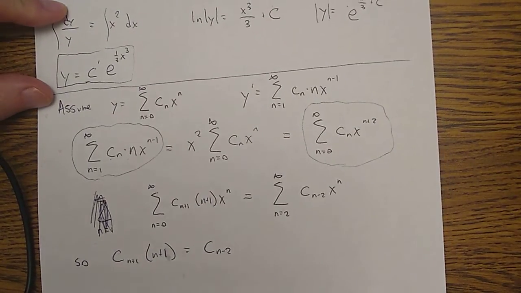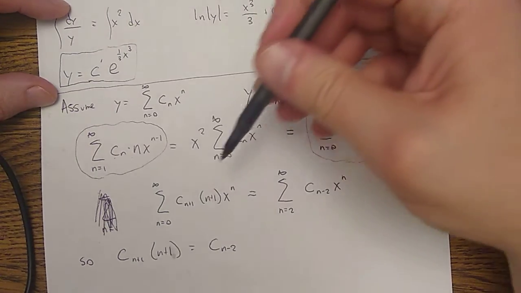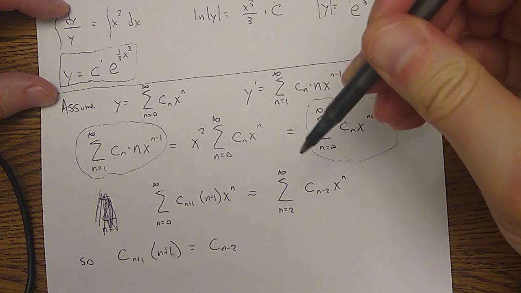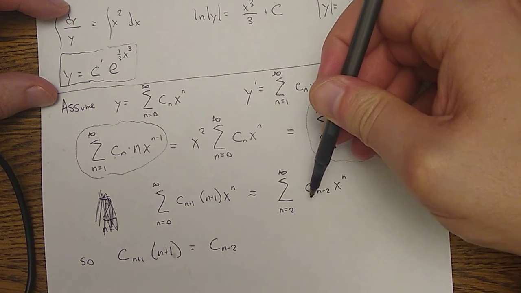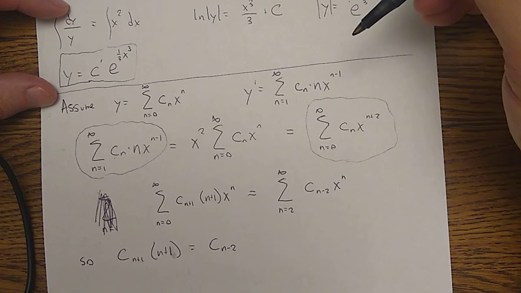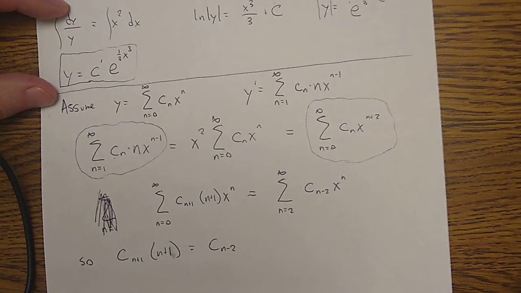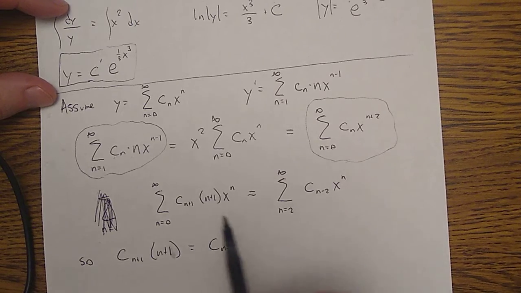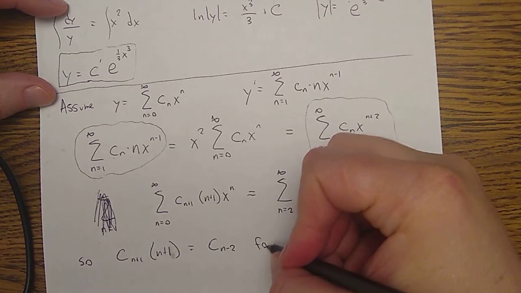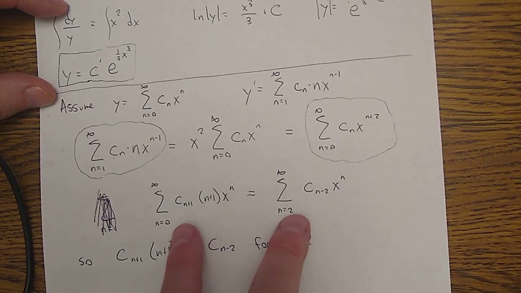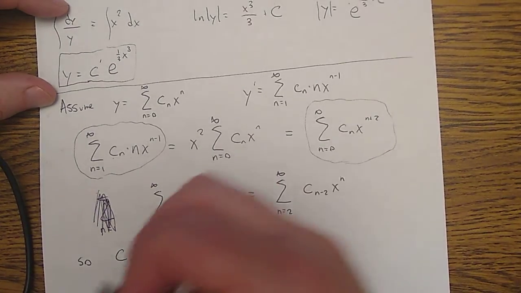But let me be careful here, because this sum only starts at n equals 2 and this one starts at n equals 0. So what I just wrote is valid as long as n is at least 2.